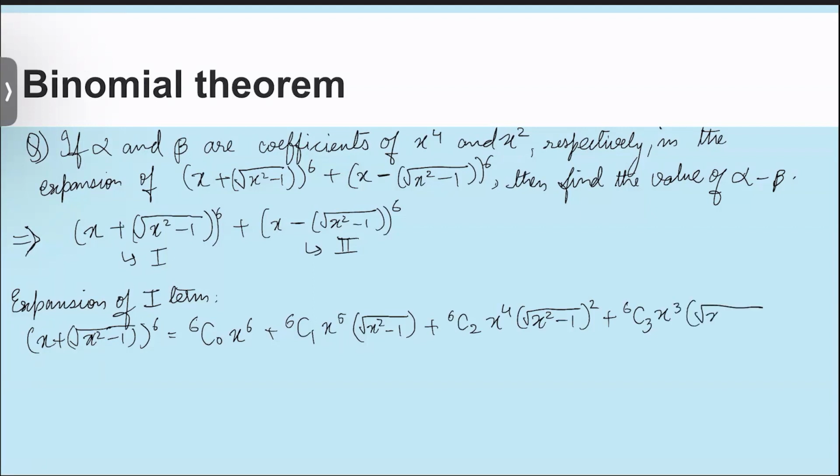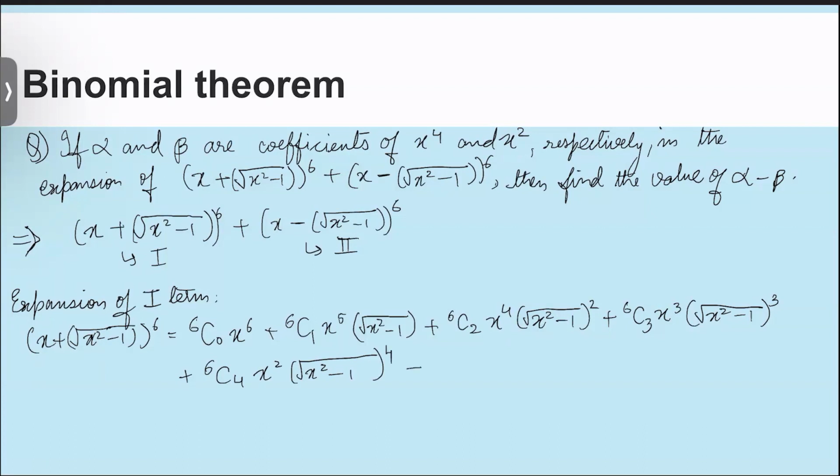Then you have root of x squared minus 1 the whole cubed, plus 6c4 x squared. This will be root of x squared minus 1 raised to 4.